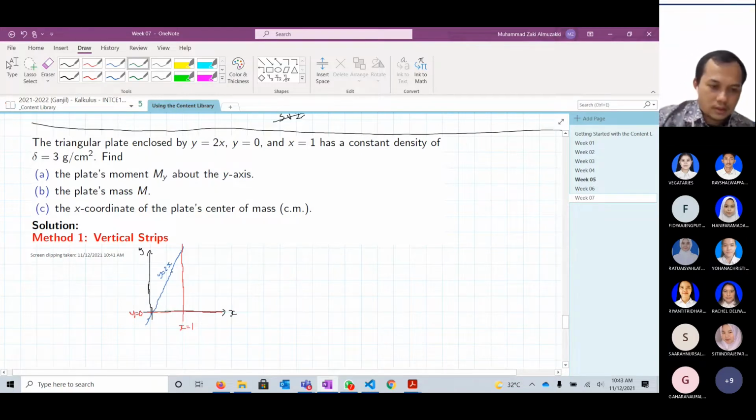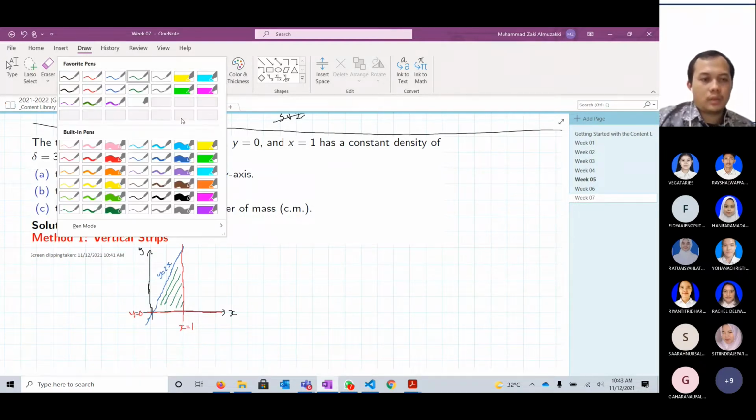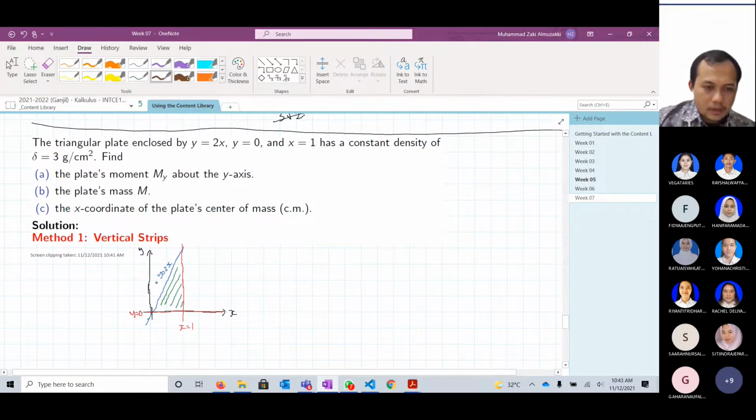What does it mean by these vertical strips? Basically, we take this vertical strip like this.